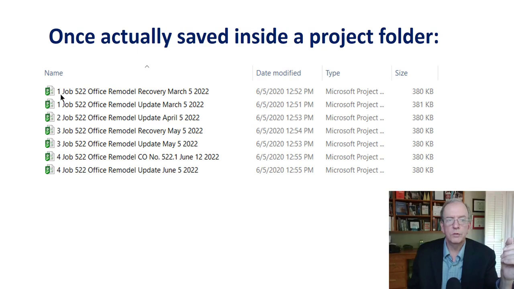So if this job was 30 months long, there would be 30 right down, but I would be able to see the updates and I would know by date where it is, and they would be organized in the folder in that order. Makes it very easy to manage all the files, and you are keeping separate files. You don't just start with one file at the beginning and keep updating and recovering that same file, because you don't know what happened at those points in time.